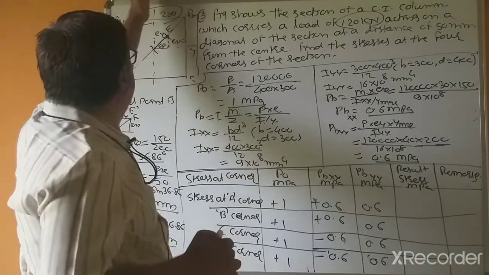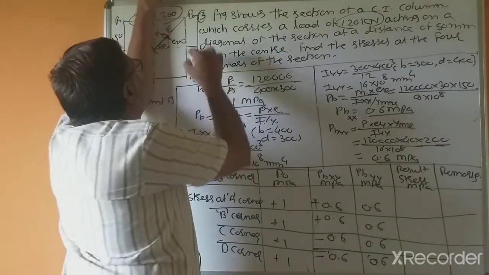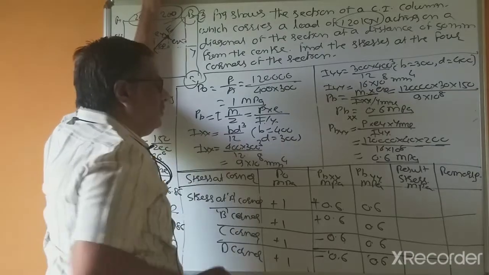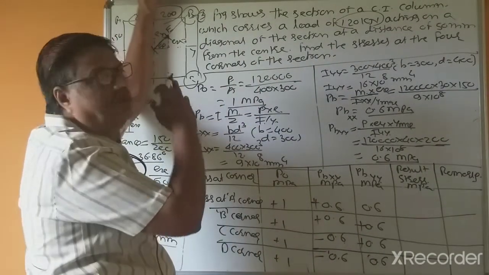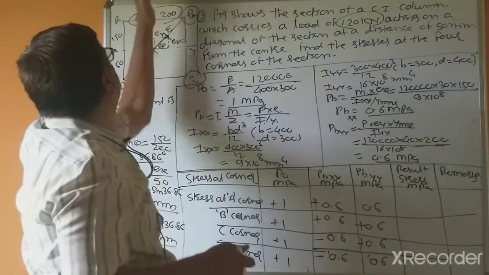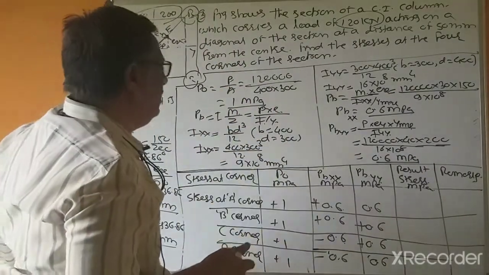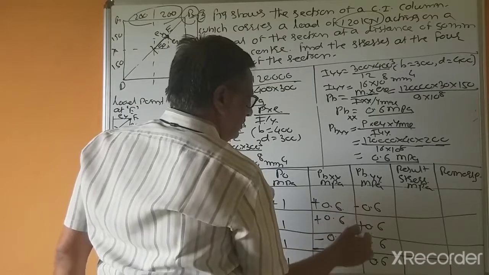PB Y, about the YY axis: B and C are positive because the load point is on the right hand side, and on the left hand side at A and D, this is negative.